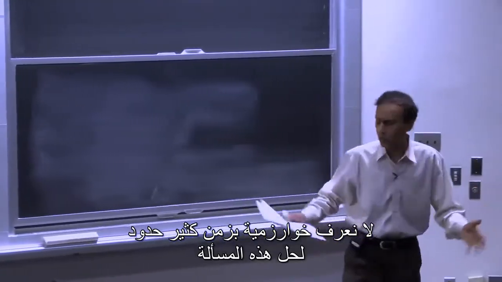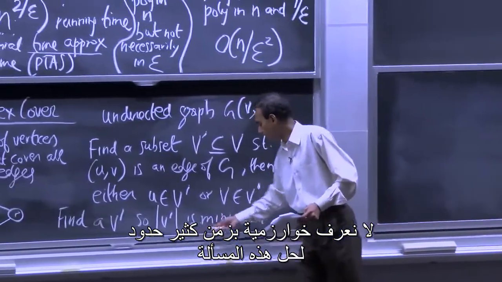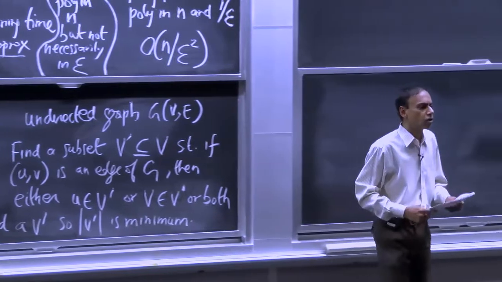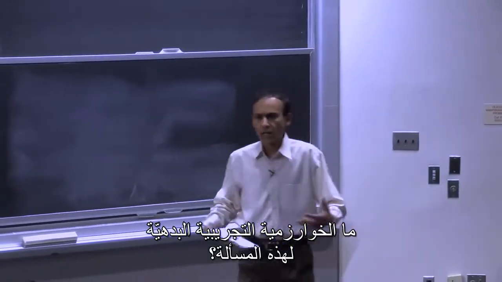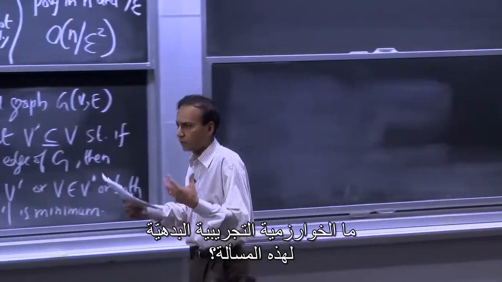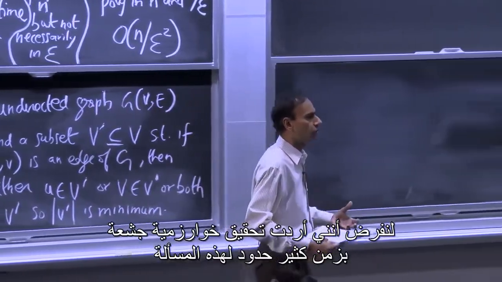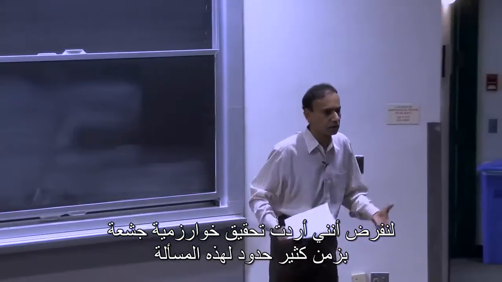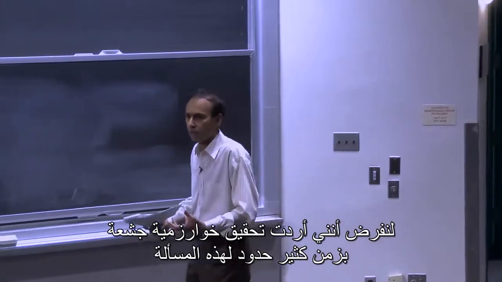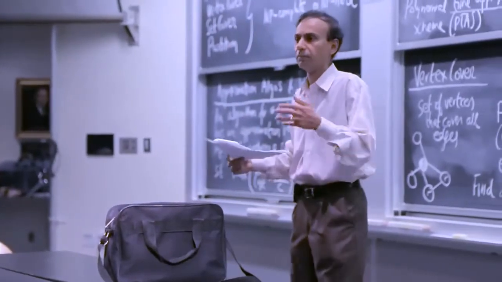So we don't know of a polynomial time algorithm to solve this problem, so we resort to heuristics. What is an intuitive heuristic for this problem? Suppose I wanted to implement a polytime greedy algorithm for this problem. What would be the first thing that you'd think of?